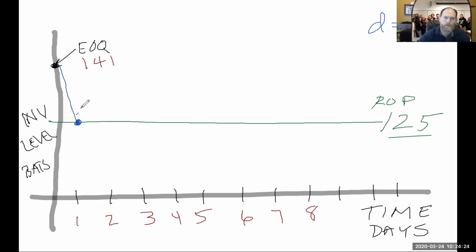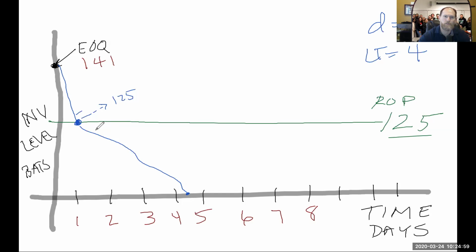And once we hit it, we're going to order. In our example, our lead time was 4. So we're not going to get that order for 4 more days. And so 4 days from there, we hit this axis about here. 1, 2, because we ordered a little bit before the first day is up. I really don't like that these lines aren't straight.